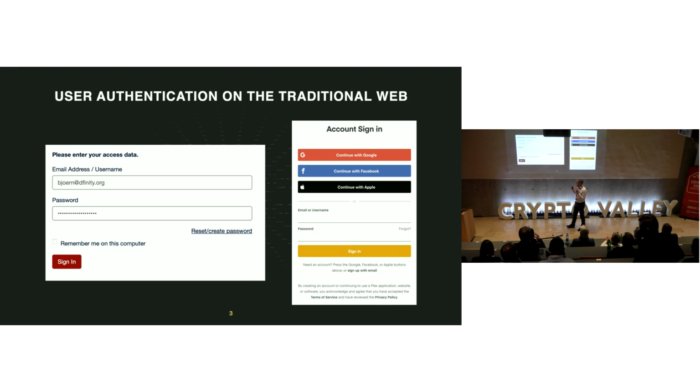So these are types of logins that you're very likely to know from the traditional web. The most widely used one is just username and password authentication. Now that does have fundamental problems, like phishing or password databases getting leaked, all this kind of thing. But it's even worse in a sense for a decentralized system, because the main methods of checking passwords that are used in practice require the password to be in clear for the check.